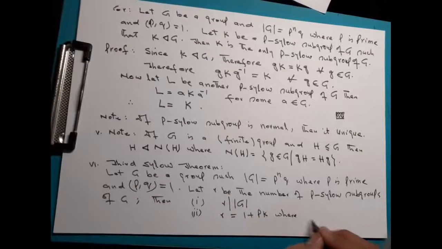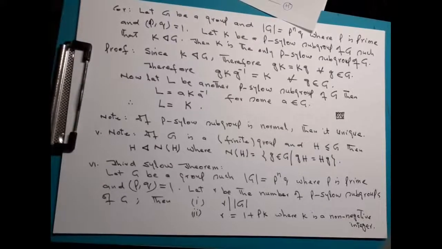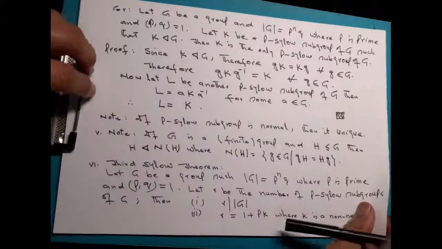So the third Sylow theorem says that the number of p-Sylow subgroups divides the order of the group G, and the number of p-Sylow subgroups is given by this particular formula 1 plus pk, where k is a non-negative integer. So let's see how the proof goes.